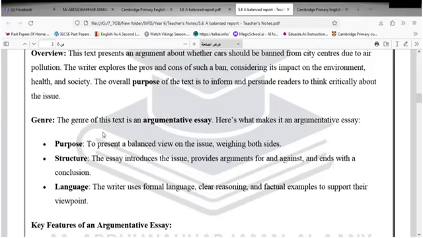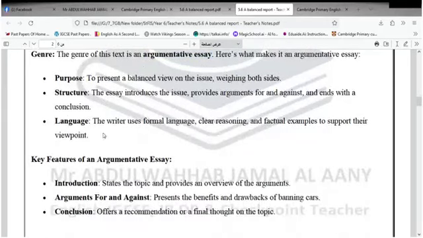The genre, it is argumentative essay, it is argumentative report, it is balanced report, it is a discussion. All of these terms are correct. Why is it argumentative? Because the purpose is to present a balanced view of the issue, weighing both sides for and against.